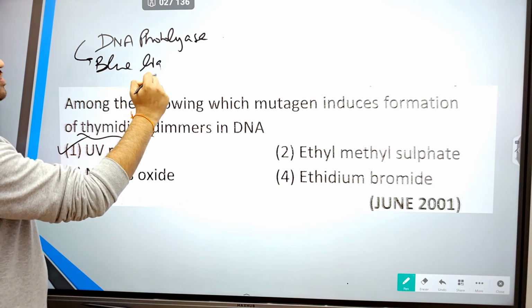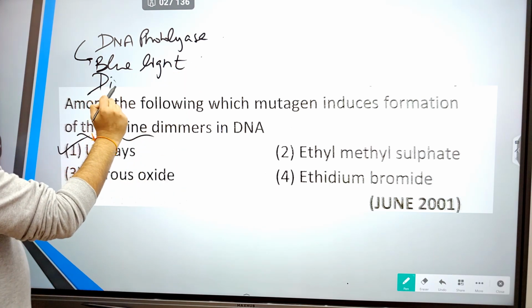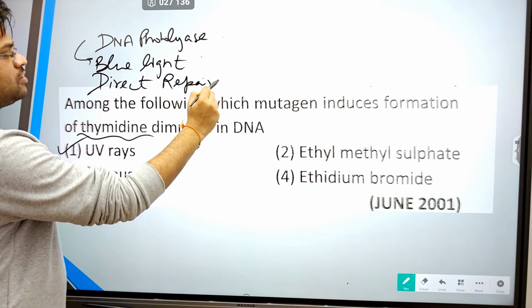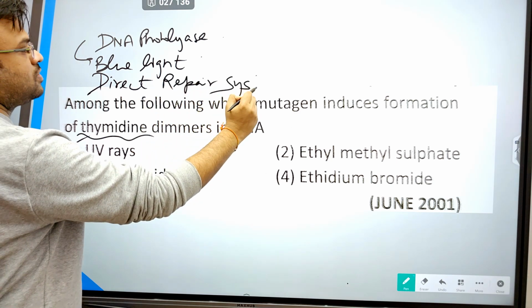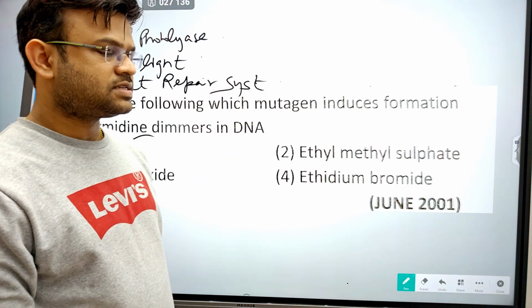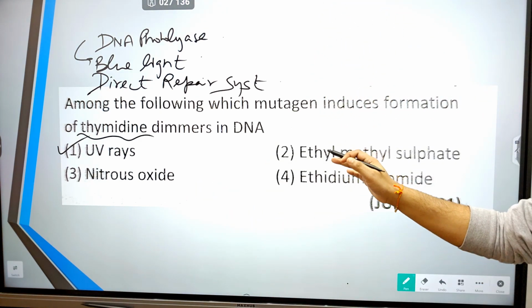It takes energy from the blue light, and it comes under the direct repair system. And therefore the phosphodiester bonds in this case are not broken.